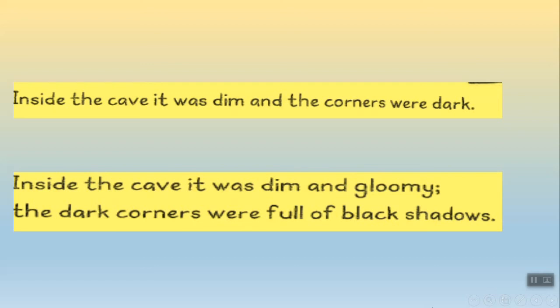Yes, dim and gloomy means dark in a bad way. Black shadows, that means the second sentence gives the idea of what? The fact that the cave was scary. Very good.